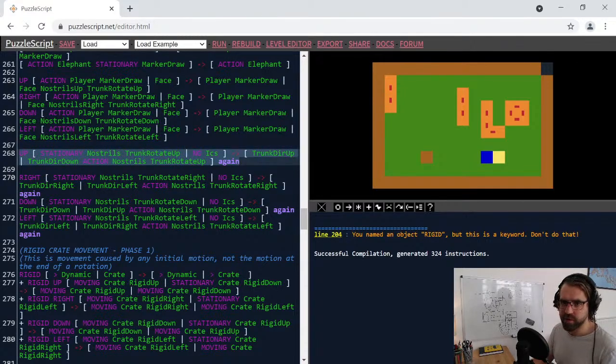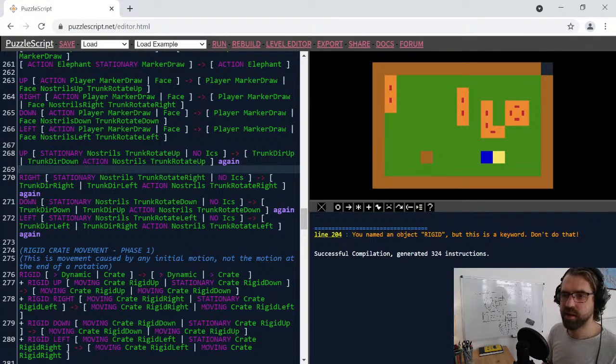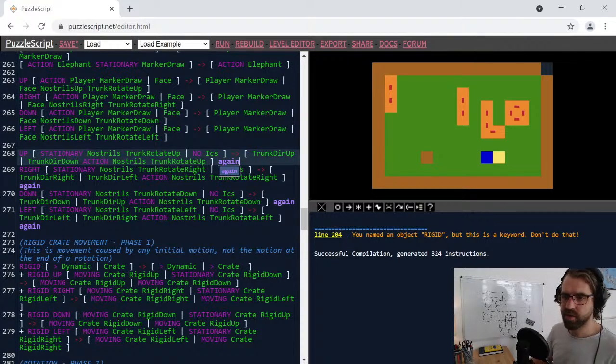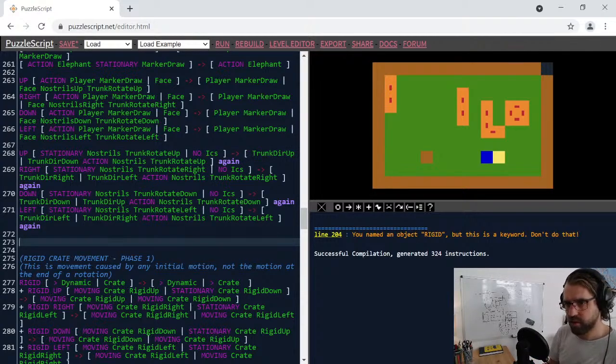Let's just make a rule, which is they can go after these if... does it need to be directional? It needs to be directional.